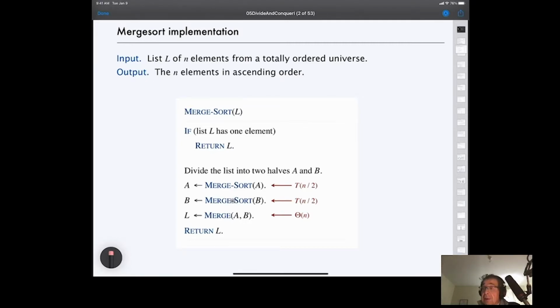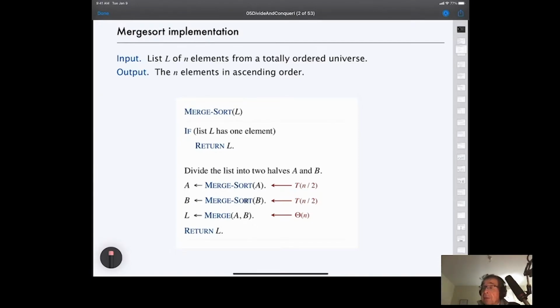So once we get to this call, this part would be subdivided, if it has more than one element, into two halves, A and B, and then this same process would start. And this generates a binary tree, the recursion call tree, we call that.